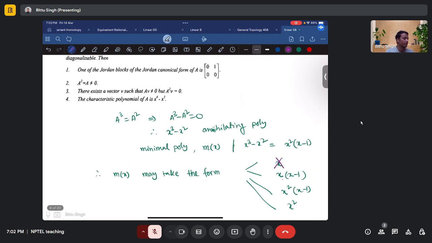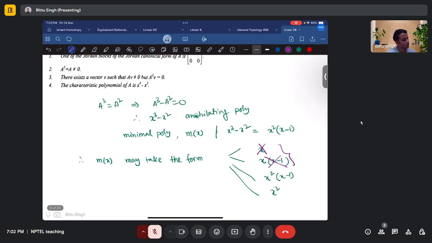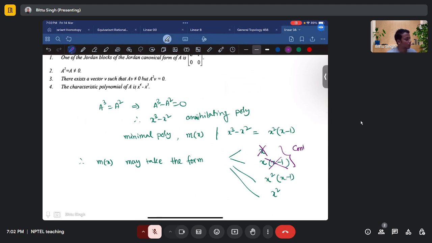Similarly, x times x minus 1, if we take this also contradicts diagonalizability. These two contradict diagonalizability.